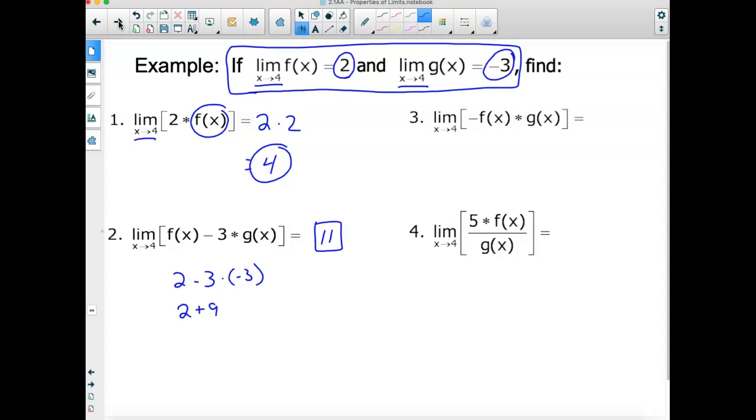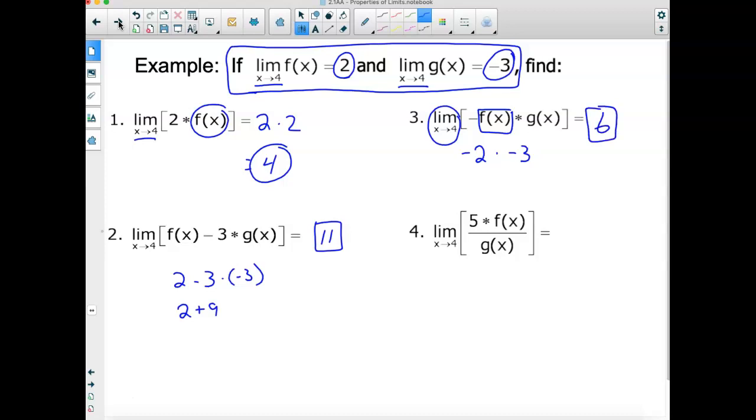What do I get over here for 3 and 4? Well, what's the limit as x approaches 4 of the opposite of f of x? This limit as I approach 4 is 2, so the opposite of that is negative 2. That's like a negative 1 times the g of x, which is negative 3. Negative 2 times negative 3 is 6.